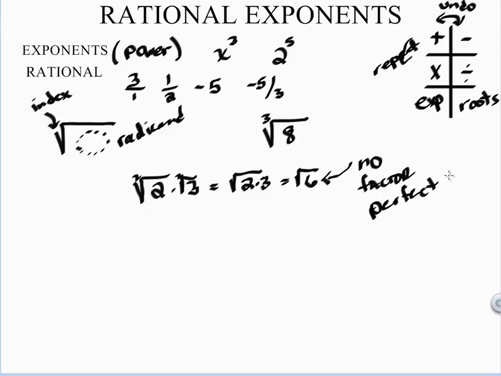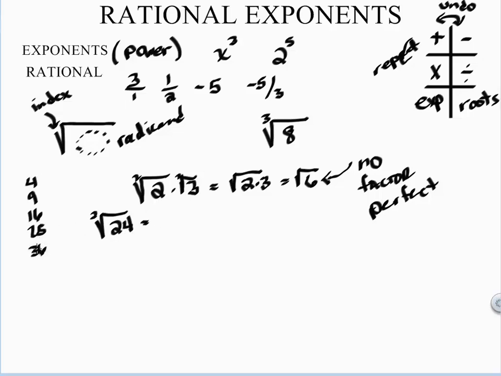We're going to mostly deal initially with cube roots or square roots. Remember, our perfect squares other than 1 are 4, 9, 16, 25, 36, etc.